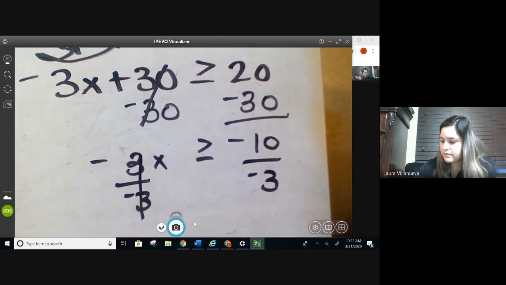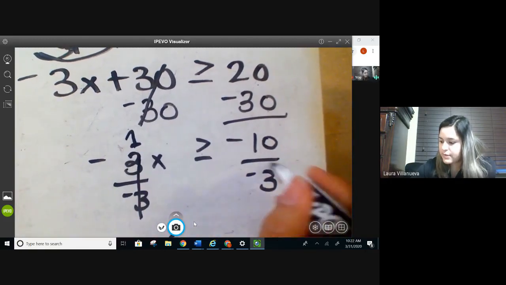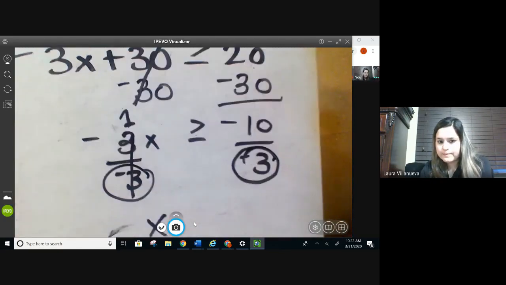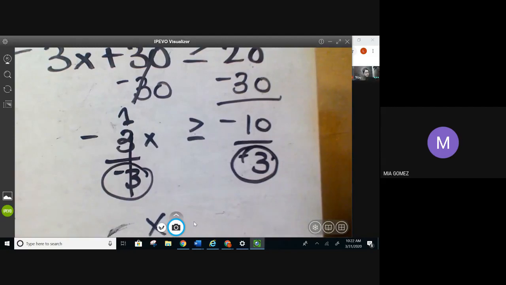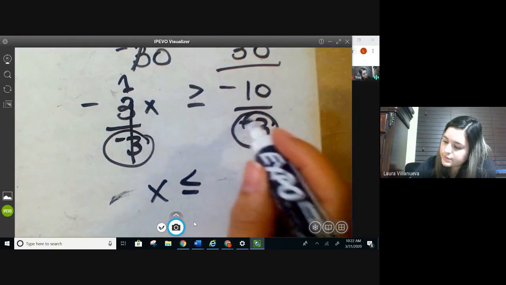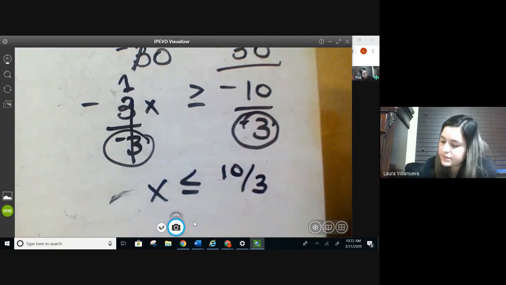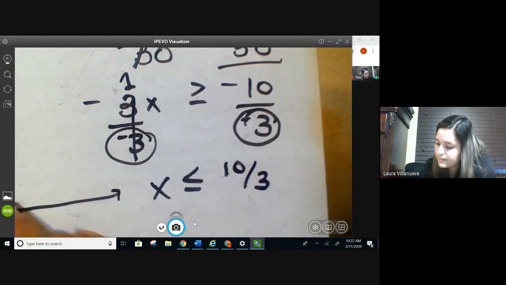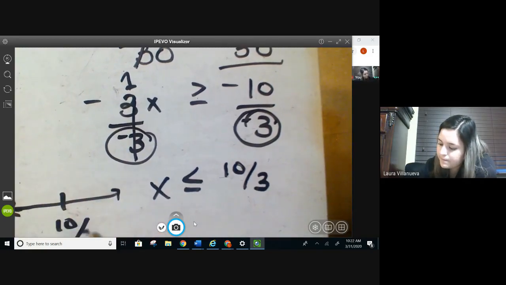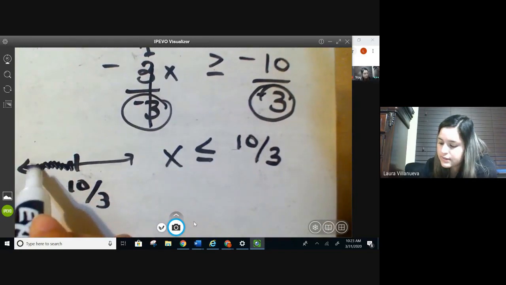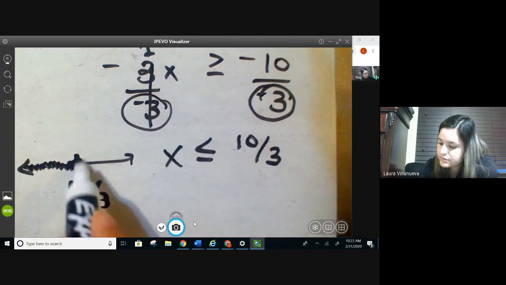So then you have x. You divided by a negative, so what happens? You flip the inequality. Don't forget, because a lot of people do. Negative divided by negative is a positive. You leave it like that. Do not change it to a decimal. Leave it as a fraction. And then we're going to shade on the left. This is going to be closed.